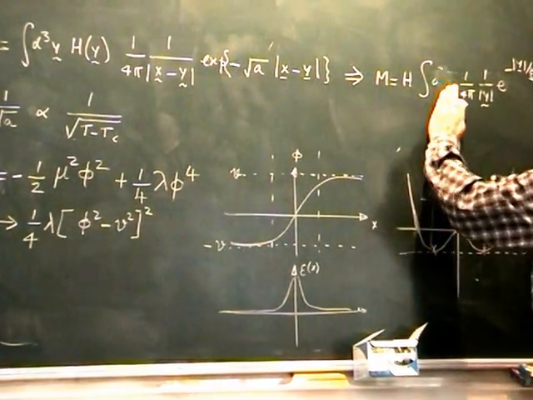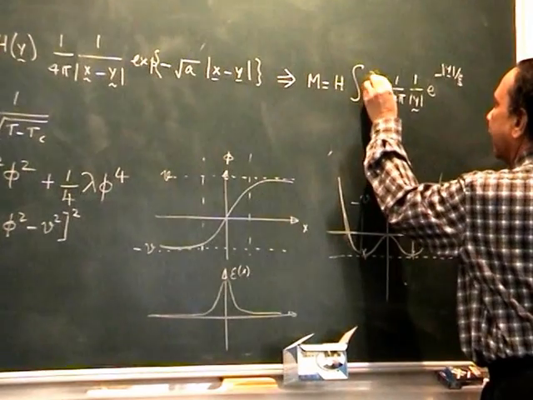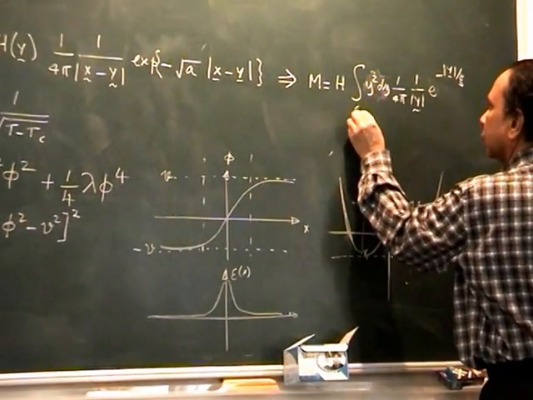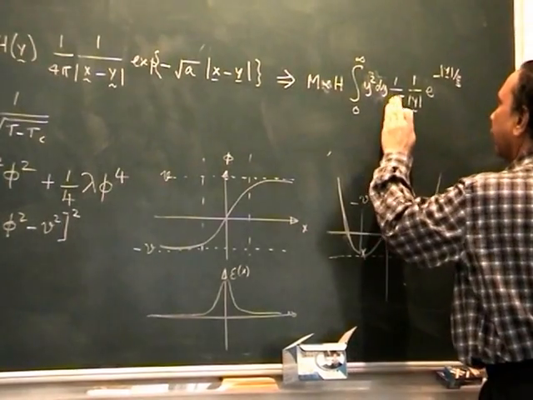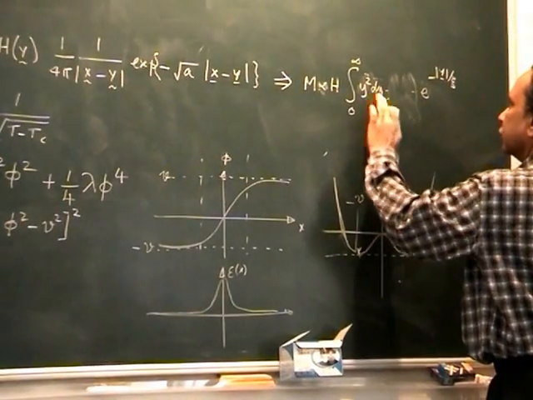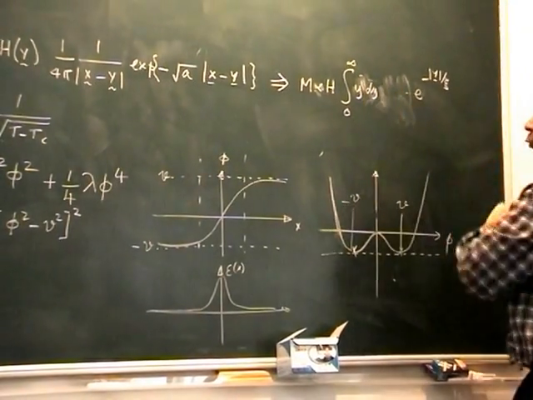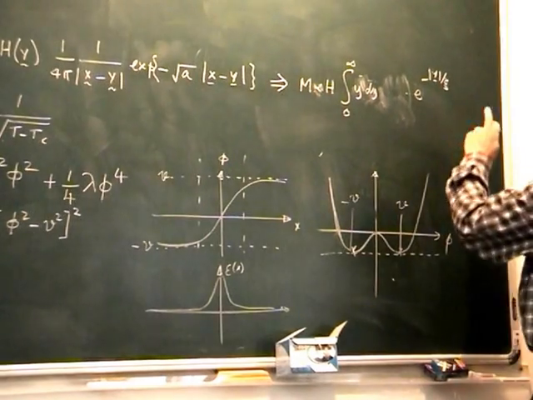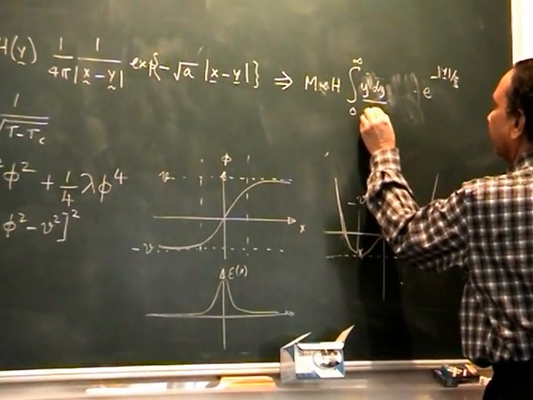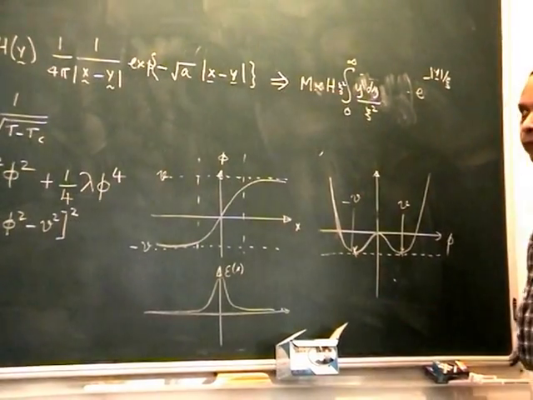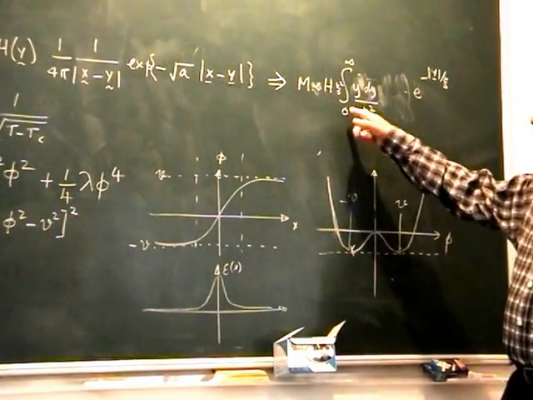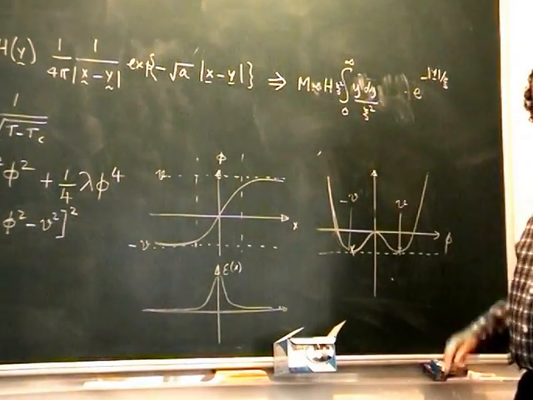So take this as y square dy, so 0 to infinity, proportional to, 4 pi goes away, 1 by y goes away, this is y dy. So put a psi square here and a psi square here. Okay, this is a pure number because I can scale everything out.